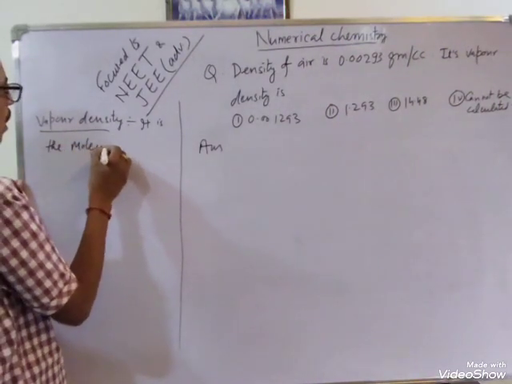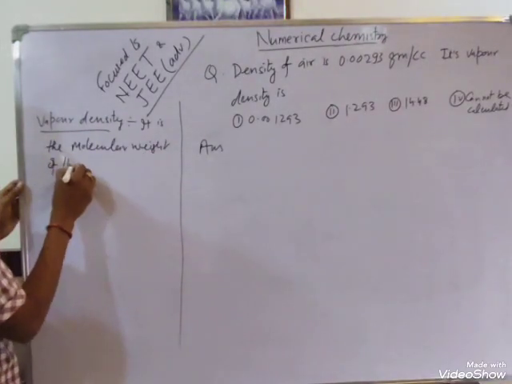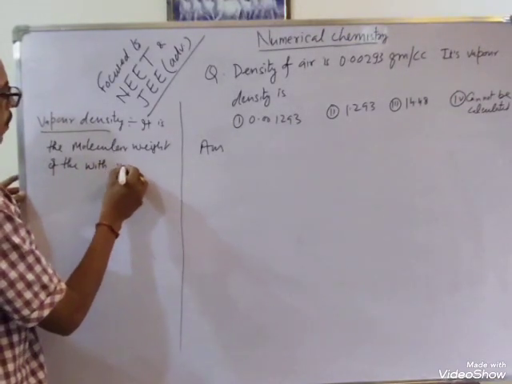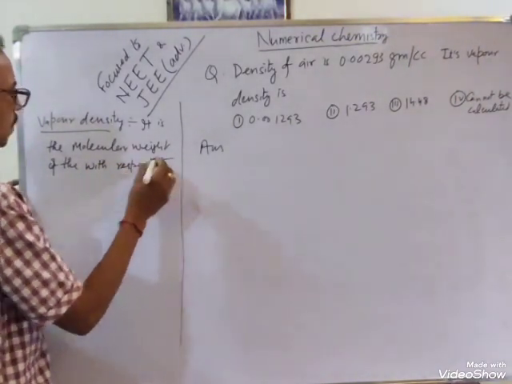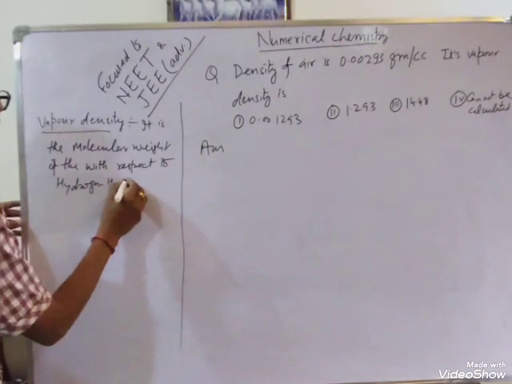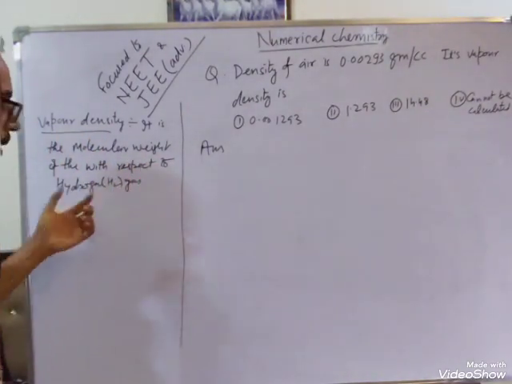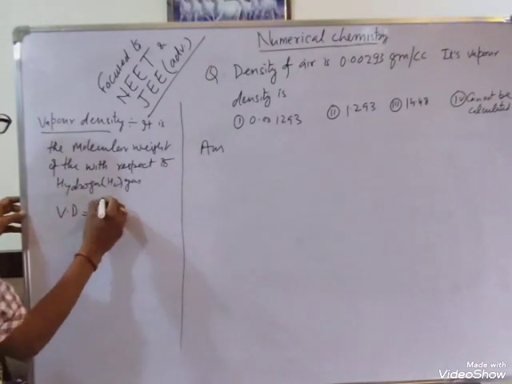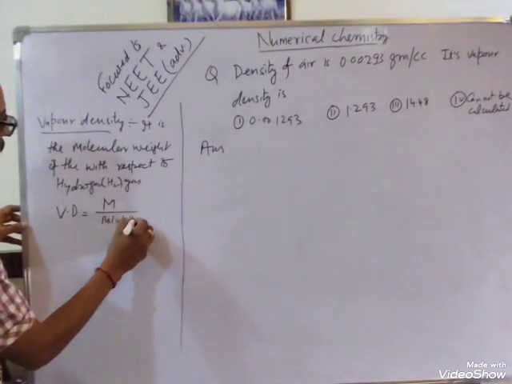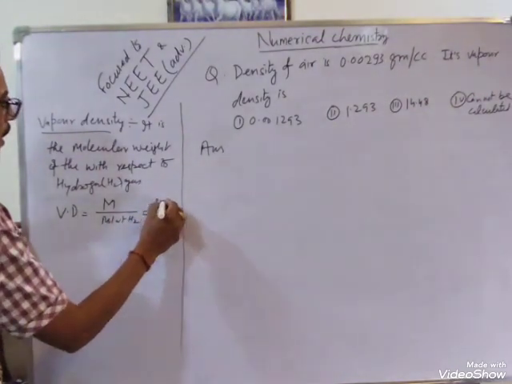Vapor density means the molecular weight of the gas, for any gas, with respect to hydrogen gas, H2. So vapor density is the molecular weight of any gas divided by the molecular weight of H2, and you know the hydrogen molecule is 1 into 1, 2, therefore it is always M by 2.